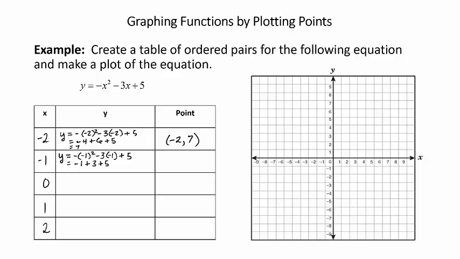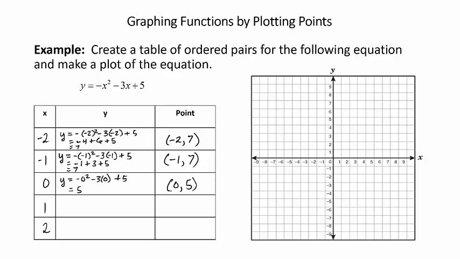So -1 plus 3 is 2. 2 plus 5 is 7. Oh, isn't that interesting? We have -1, 7. Okay, when x is 0, most of you can see by looking at that what it's going to be, right? -0 squared minus 3 times 0. So we have 0 minus 0 plus 5, right? So y will be 5. Okay, so the y-intercept is 0, 5.